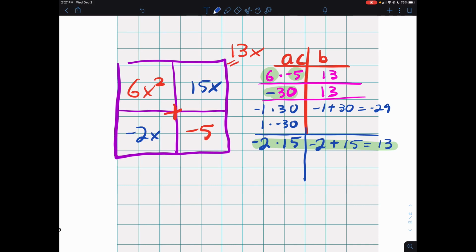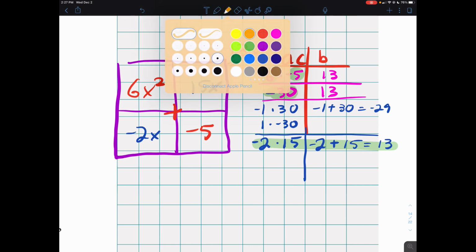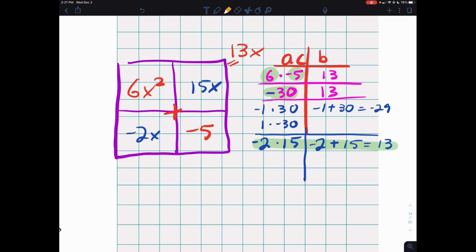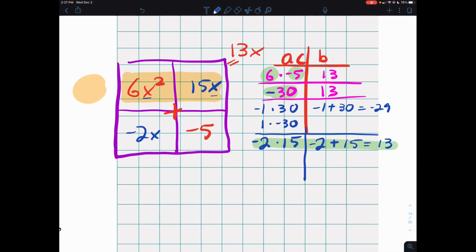Now this is where it gets kind of tricky. We got the numbers. Now we need to think about our box a little bit differently. I want you to think in terms of greatest common factor. Right here, what's the greatest common factor of 6x squared and 15x? Well, they both have x's, so we know we're going to have an x here. But what is the largest number that goes into 6 and 15?